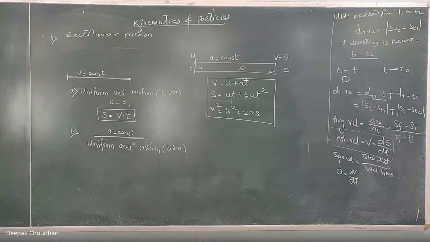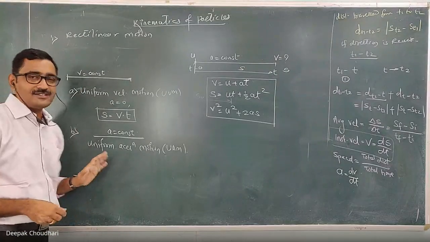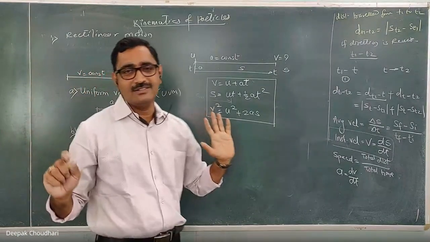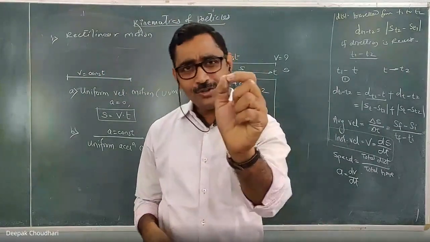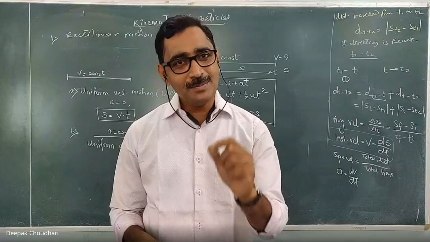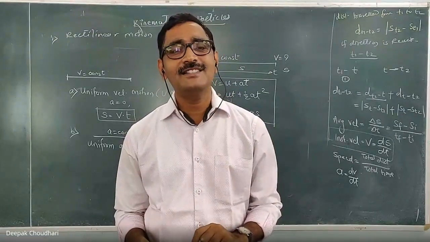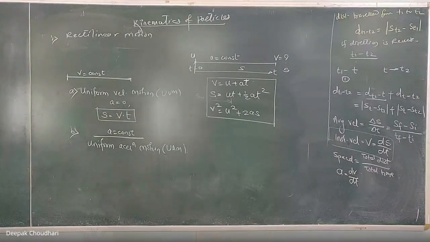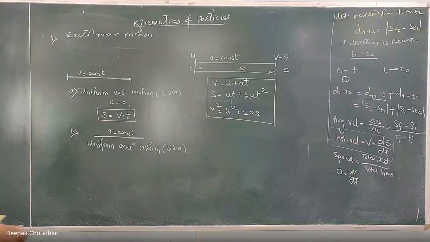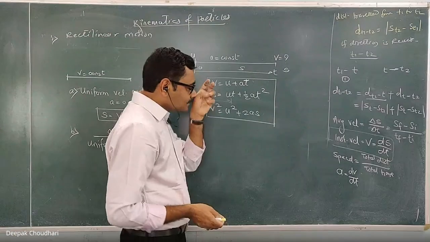Clear? Now, this topic, uniform velocity motion and uniform acceleration motion, you have already studied. Do you have your syllabus? Yes or no? No, sir. I will upload it on your Google Classroom so that you can go through it.